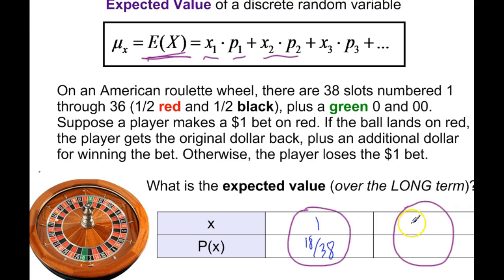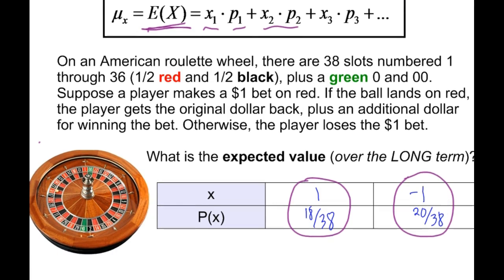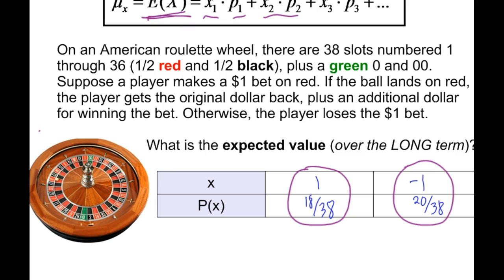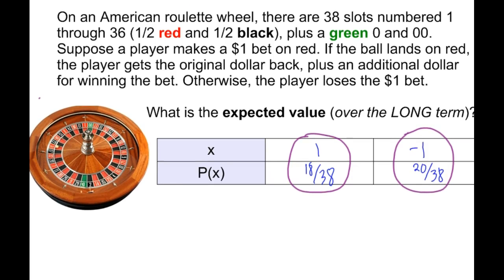Now, if you lose, you lose the $1 bet that you made. The probability of that happening is 18 black plus 2 green, so that would be 20 out of 38. This is why we say that the casino has the advantage. The odds are in their favor, not ours, unfortunately.